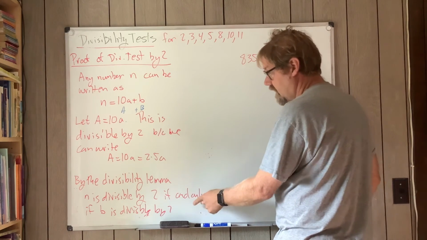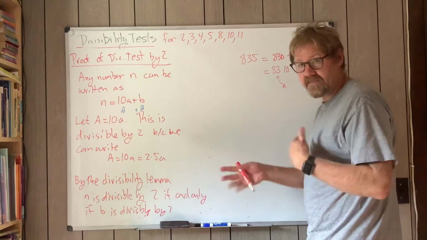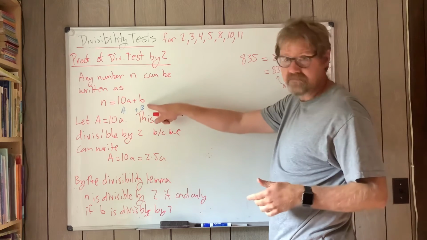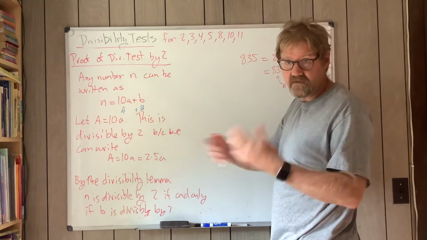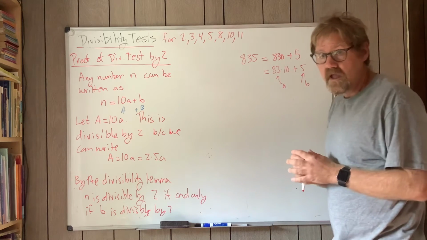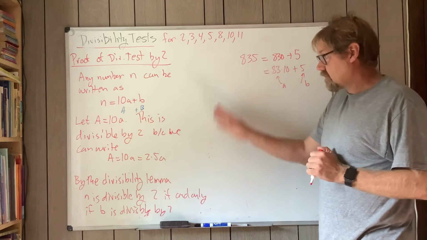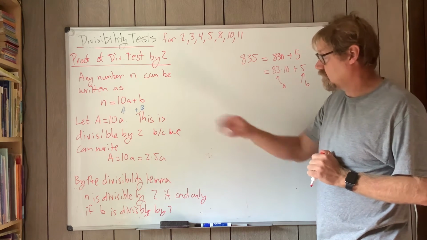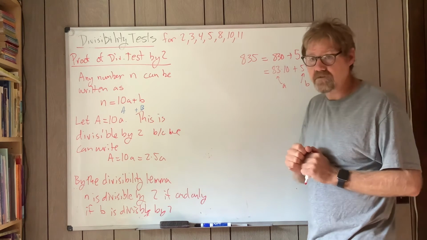And then we're going to apply the divisibility lemma. And that again basically just says the whole thing is divisible by 2 if and only if this guy is divisible by 2. It's just a natural piece of that. This is a really simple example of how we're going to tackle these things.